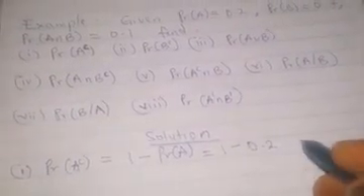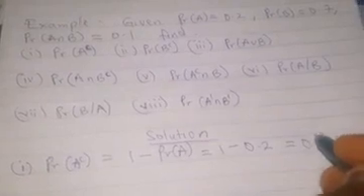Okay, good. So the first one we are asked to find is probability of A complement. And I've told you this is the complement rule. It's the same thing as saying 1 minus probability of A, which means 1 minus 0.2, so that will give us 0.8.